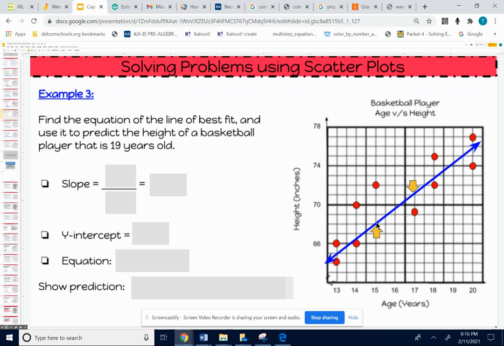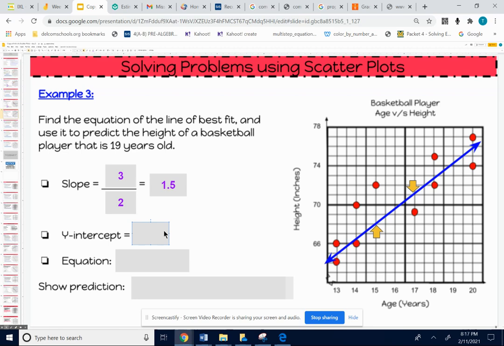Think about it like this: you're going over a half, another half, another half, another half. You're going over 2 years. So the slope would be up 3 over 2. Not really what it looks like, but that's what it means. So 3 over 2. I'll write that as a decimal, 1.5. You could keep it as 3 over 2 if you wanted.